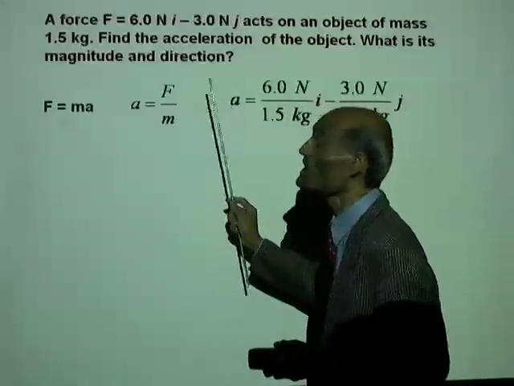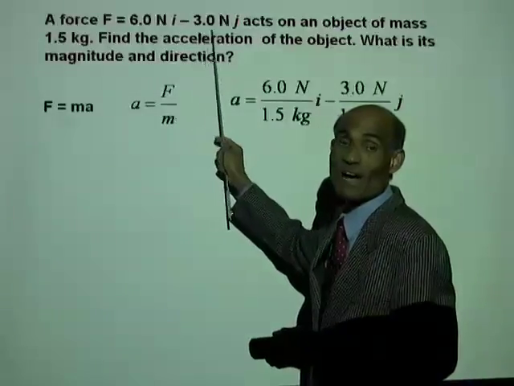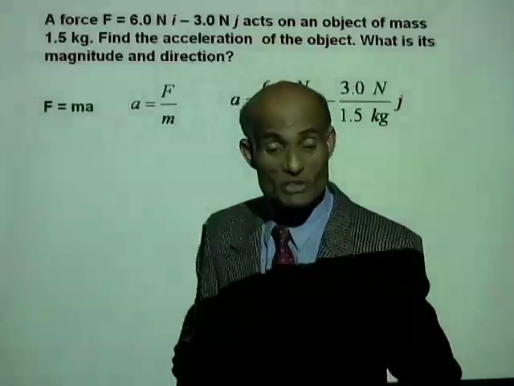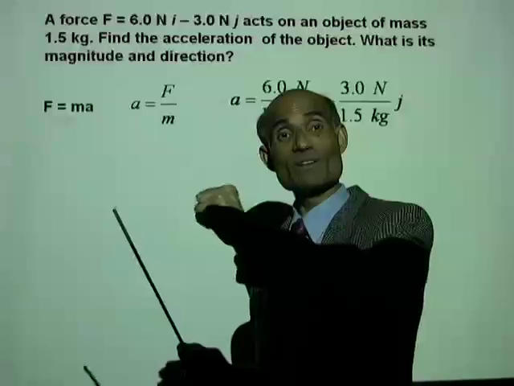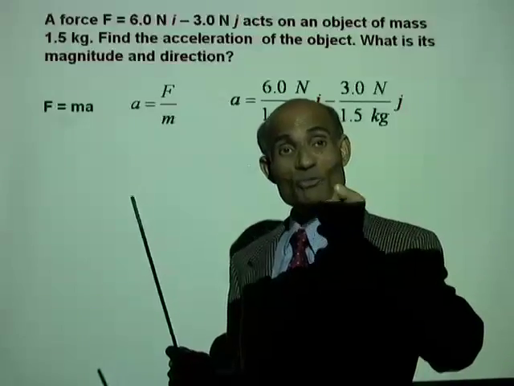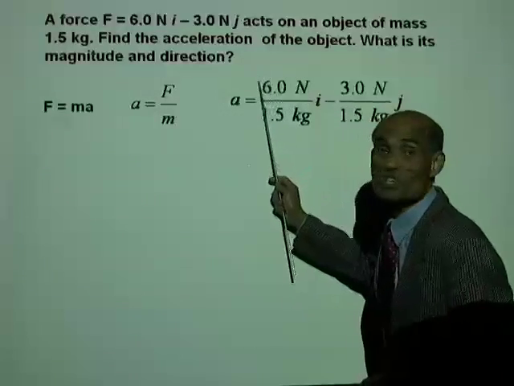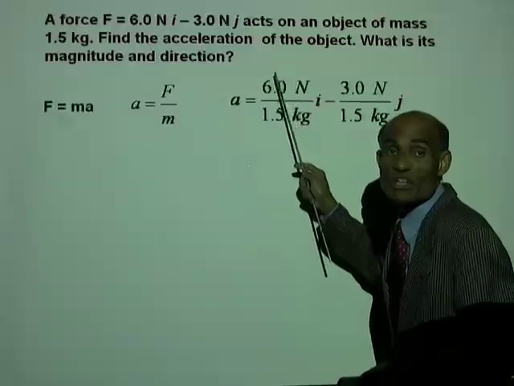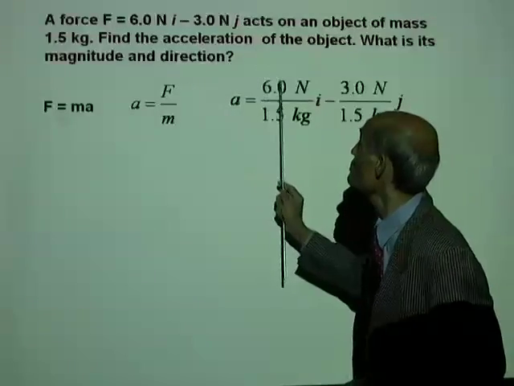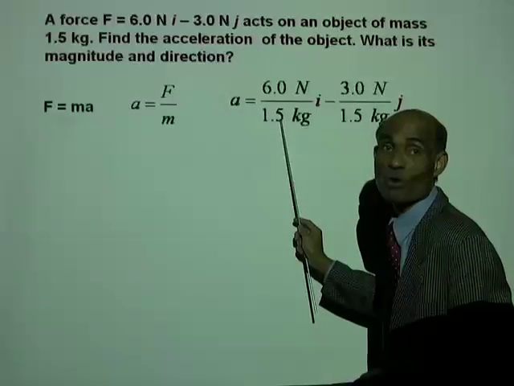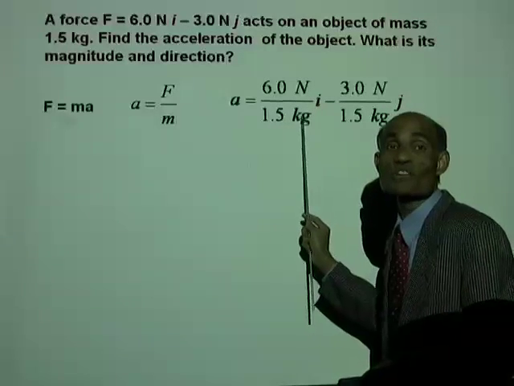Therefore, acceleration is, you notice that the force has an x component and a y component. The x component of the force will produce an x acceleration. The y component of the force will produce a y acceleration. So, the acceleration in the x direction will be the x force divided by the mass. That is 6 Newton divided by 1.5 kilogram I. This will be the acceleration in the x direction.